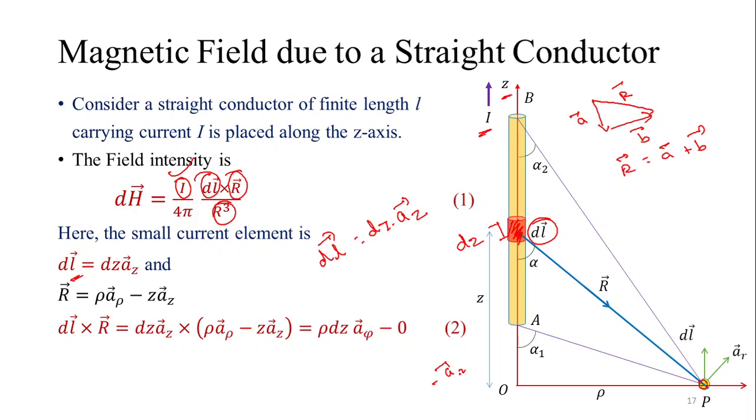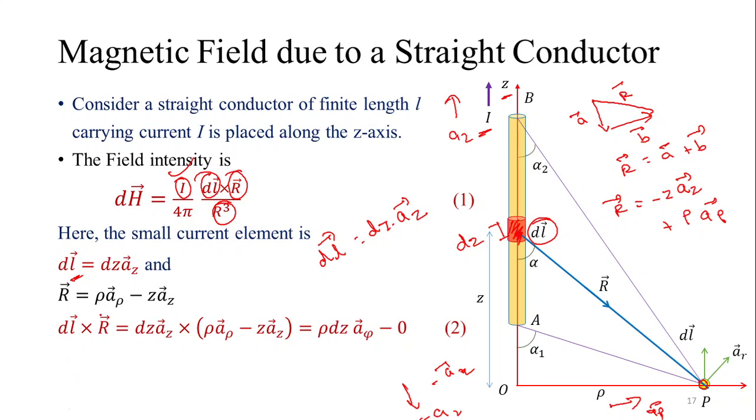Here this is the az vector, but here we have negative, so minus az, and along this is the rho a rho vector and the r vector. So you may write the r vector as minus the length z and the vector along z is az, plus rho a rho. So the r vector is rho a rho minus z az.